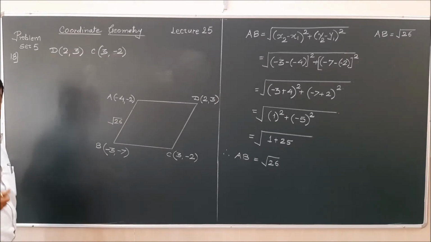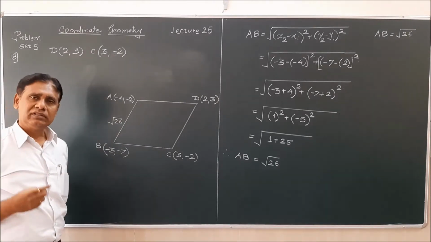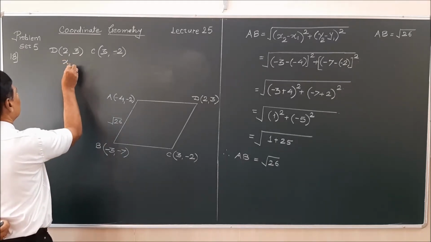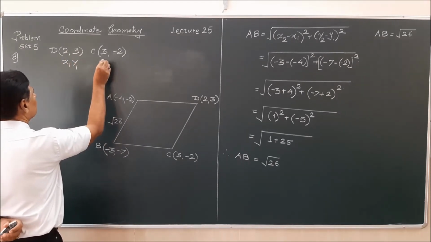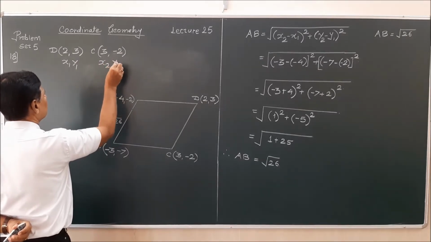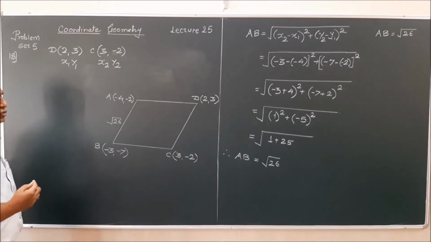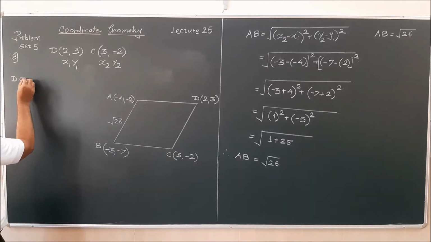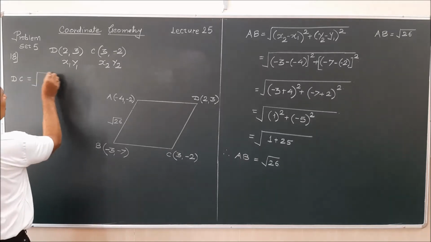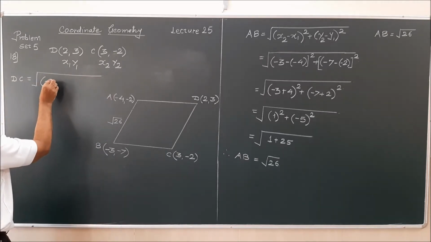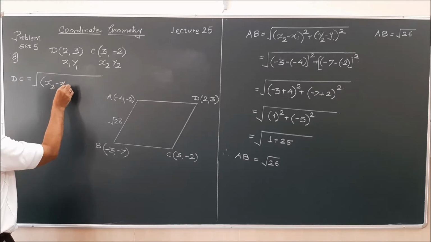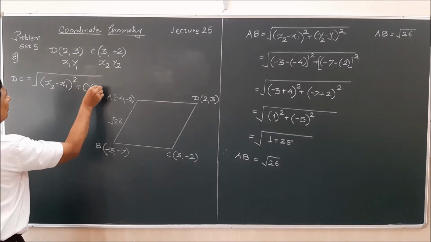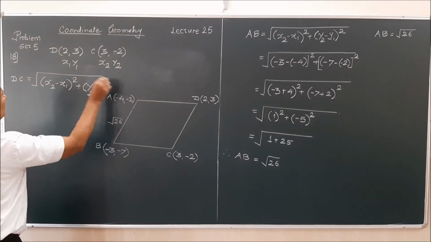As we have done in the first case, we are going to do the same way here also. Label these coordinates of D as x1, y1, and the coordinates of C as x2, y2. Now again the distance formula, DC is equal to root of (x2 minus x1) whole square plus (y2 minus y1) the whole square.